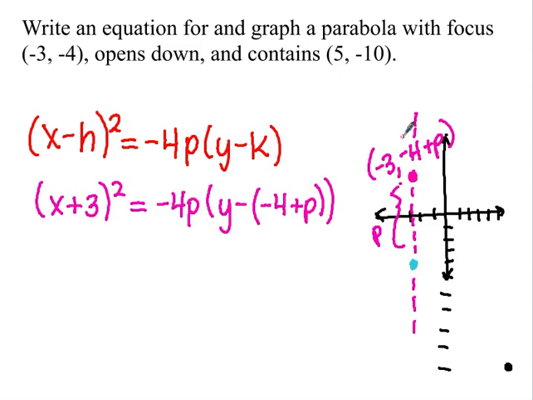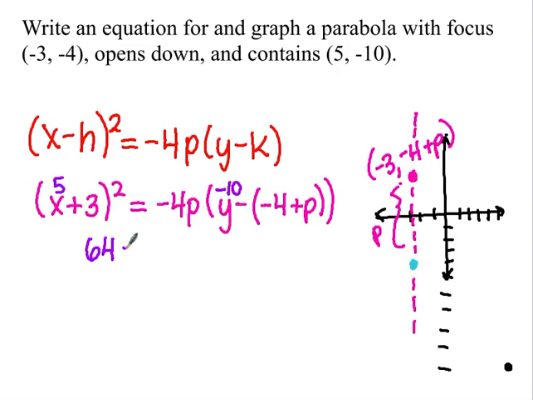By doing that, the only thing left will be p. So here I end up getting what?